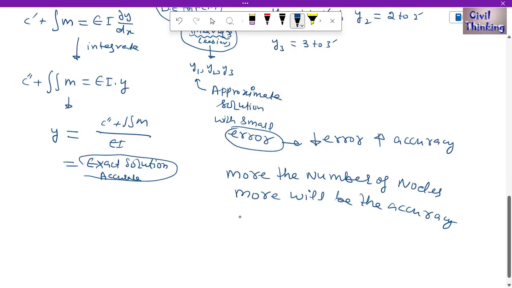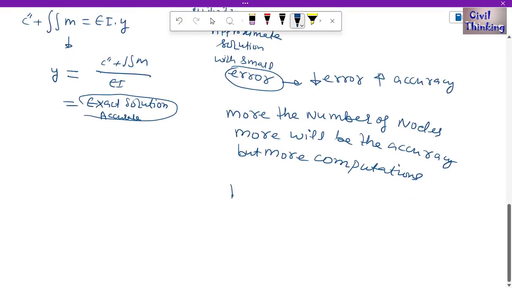But more computations. What does it mean? It means if we have more number of nodes, we will have more number of unknowns, right? Because, for example, in our beam case, we calculate the displacement y at the nodes, right?